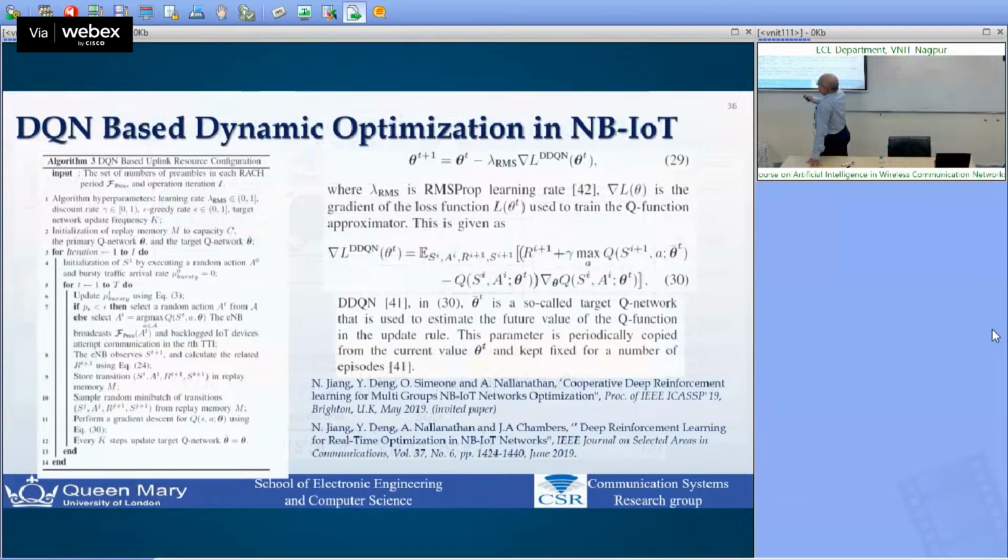Then you do the same thing here. For every K steps, theta bar is replaced by theta. So this is the algorithm for the double deep Q network. If you refer to these papers, all the details are there step by step. I skipped them because I cannot put everything in the slide.